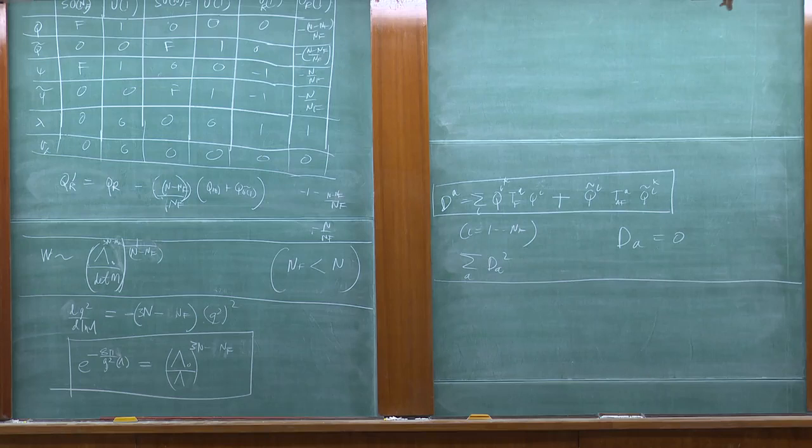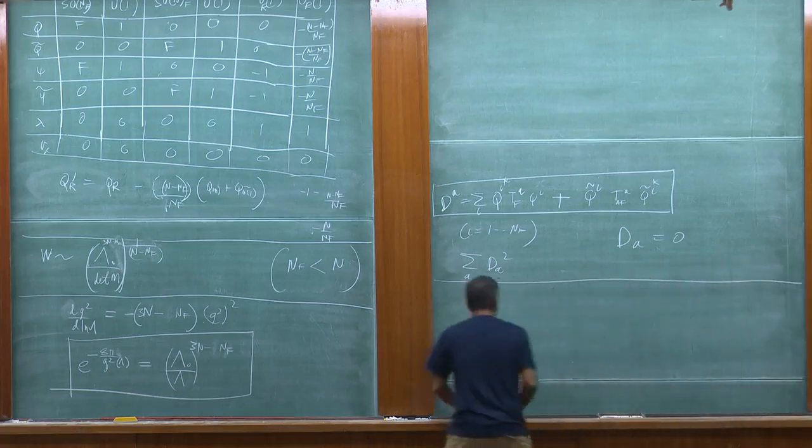Okay? This will be the space of zero energy configurations from D terms, may or may not be zero energy from the point of view of F terms. Okay, question clear? Okay, we're going to try to characterize the set of fields that have dA equals 0 for all A.